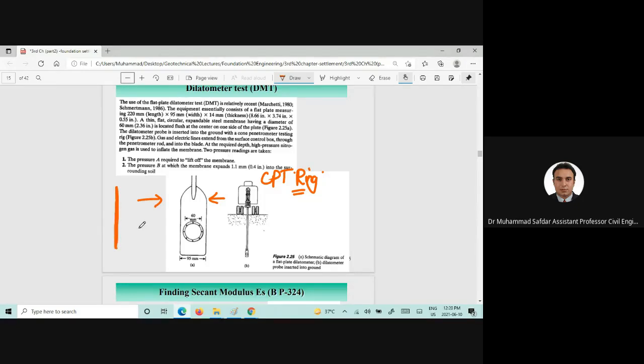Here is a circular membrane, and high pressure nitrogen is used to inflate this membrane. This membrane will expand and inflate, and it will exert pressure on the surrounding soil, and we will get the pressure volume curve from this test as well, and we can estimate the modulus of elasticity.